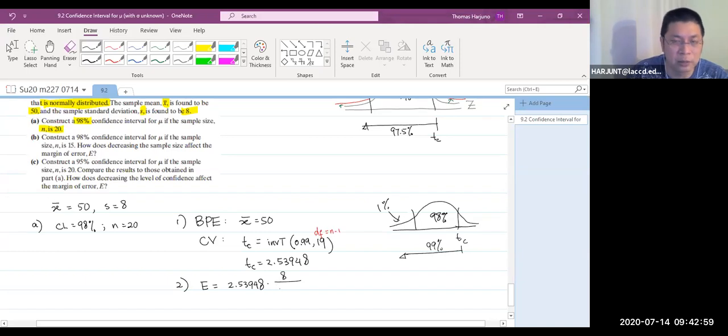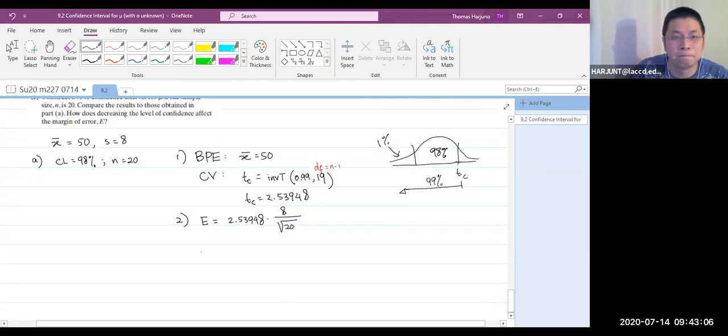That's why we use t, over square root of the sample size. Compute using our calculator: 2.53948 times 8 over square root of 20. That will be 4.54276.